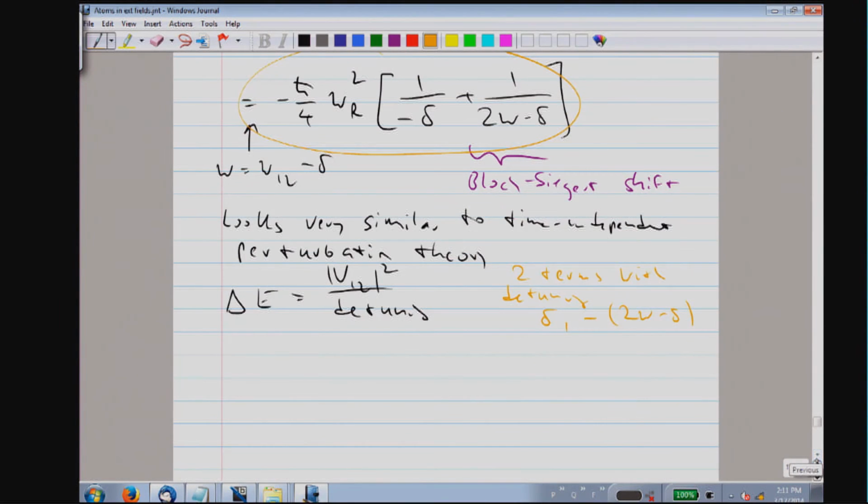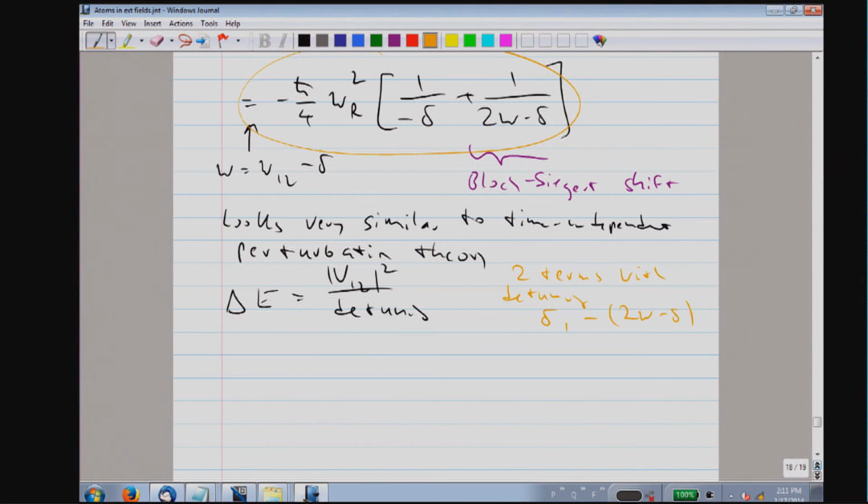So it seems that the result for the AC Stark shift can be completely understood by an admixture of not one but two different states with different detunings. And this is exactly what we will do in 8422 in the dressed atom picture when we have quantized the electromagnetic field.